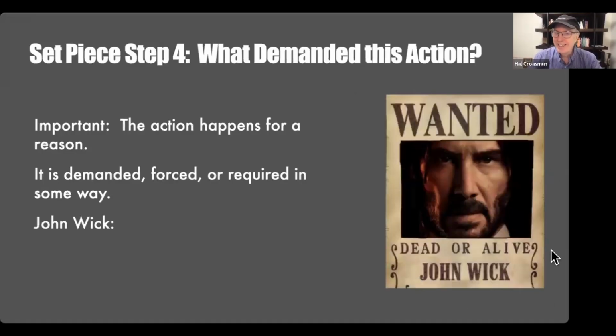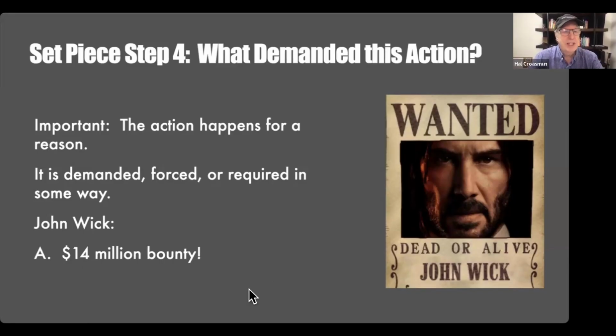For John Wick, the reason that this whole thing happened is because he's wanted, right? They have a $14 million bounty they put out on him right off the bat. It's like the movie starts and they're putting out this bounty. They give an hour and they say it's going to be live in an hour. So that means John has an hour to get away.